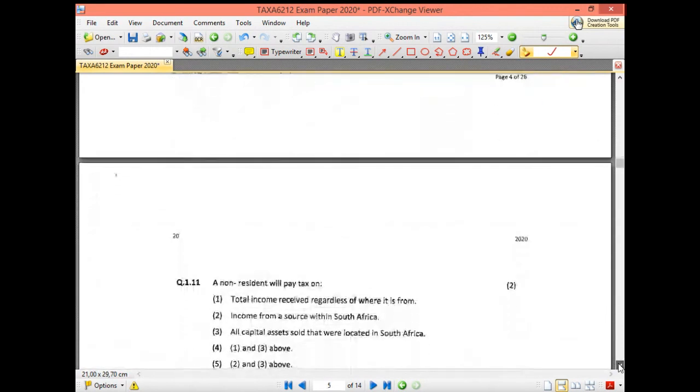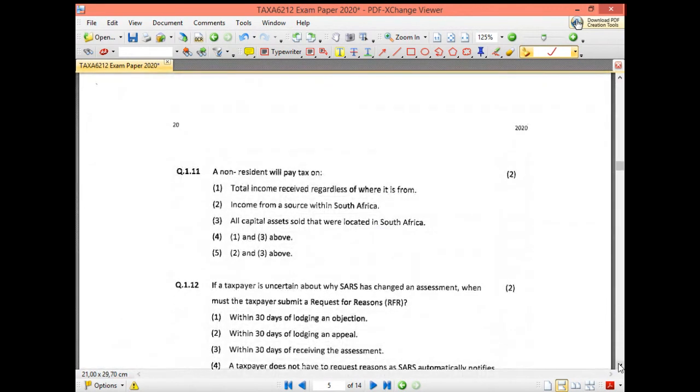Then question 1.11. A non-resident will pay tax on. Okay, now remember, non-residents only pay tax on something that is from a South African source, as well as fixed or immovable property located in South Africa, or any permanent fixtures in those immovable properties.